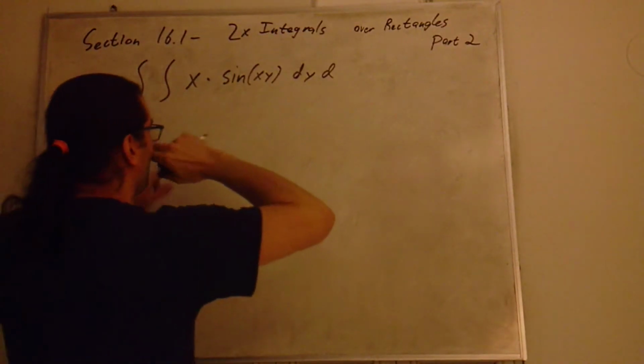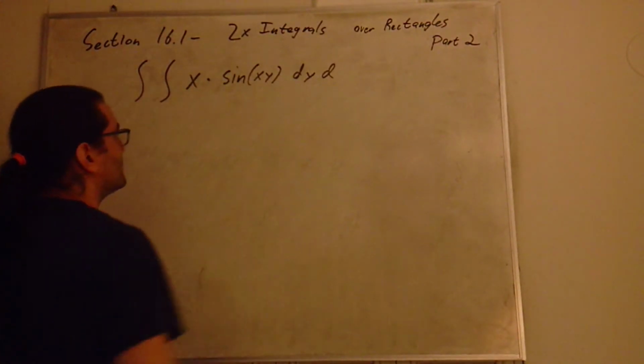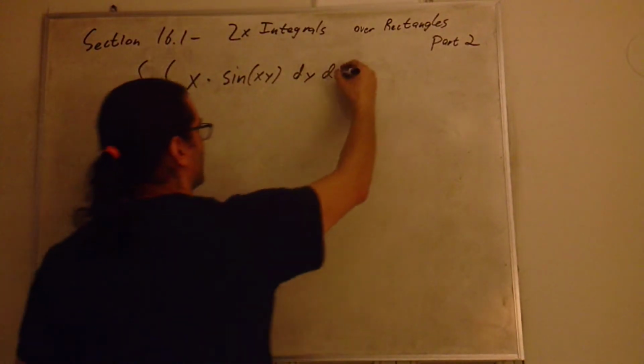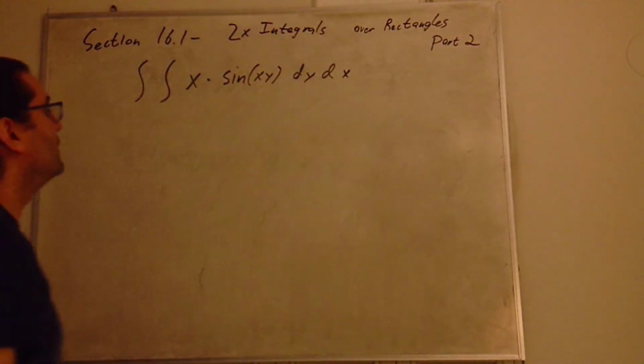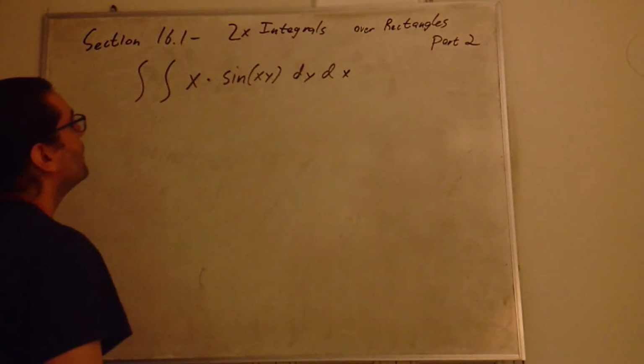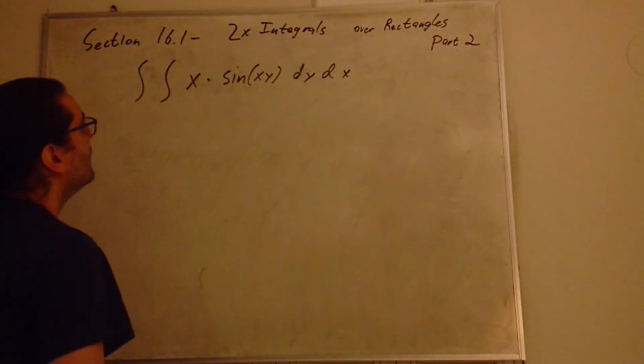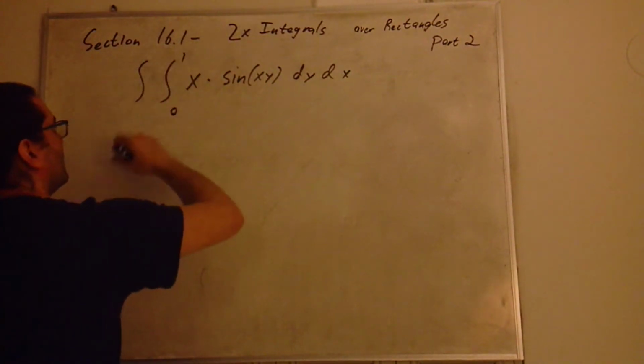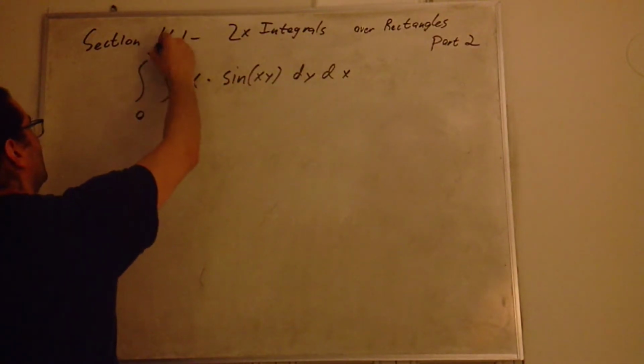And if we integrate on y first, we can use inside-outside business. Now let's do y first, and then let's do x after we have done y. Let's do y from 0 to 1 and x from 0 to pi over 2.